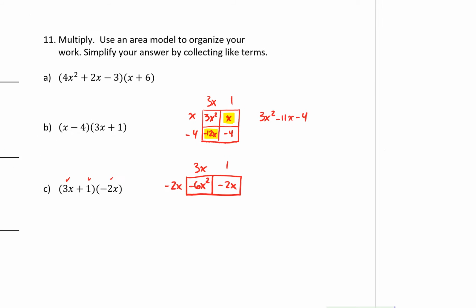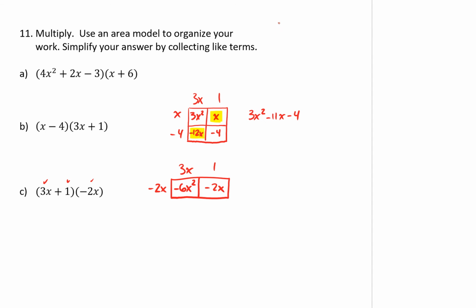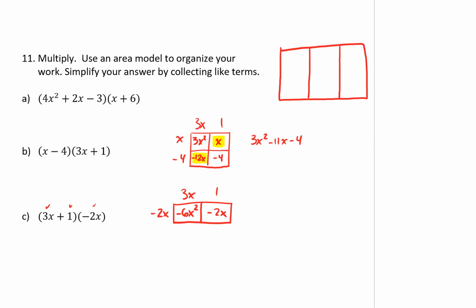So if I wanted to build a model for that, I would probably use a rectangle that looked like this, and I would have 3 different columns, and I could write across the top here 4x squared, a 2x, and a negative 3. Now across horizontally, this next factor only has two terms. It's got an x and a plus 6. So I can go ahead and just write this as x units and then 6 units.